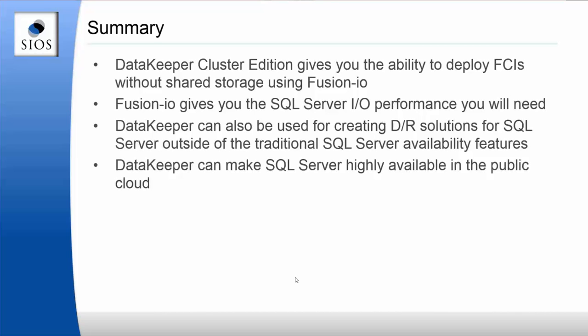Okay, and can you have local Fusion IO cards as mirrored and then add DataKeeper to replicate it to another server with identical mirrored Fusion IO cards? I don't know the answer to that. Yeah, the answer to that is yes. Again, you can configure the physical storage however you like. And the way I'm reading this question is, say you have 2 servers, each server has 2 Fusion IO cards. You can take those 2 Fusion IO cards in each server and do a local software RAID just inside the box.